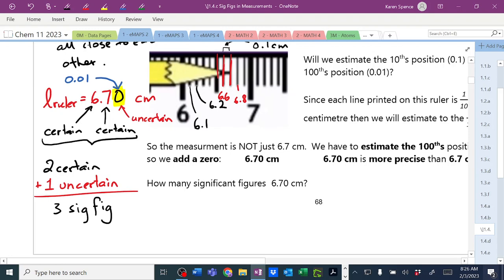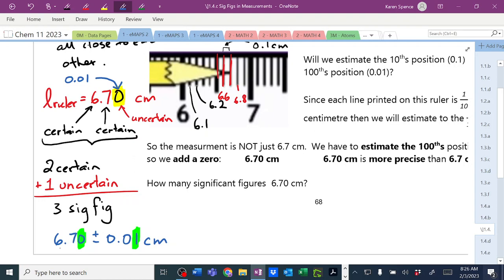So if we write our number with the uncertainty, we would have 6.70 plus or minus 0.01, so that this uncertain digit matches with the uncertainty. Okay, and of course, we could not forget our units. All right. Now, I did forget my length of ruler, and I don't have a place to cram it in, but that is what we would have.